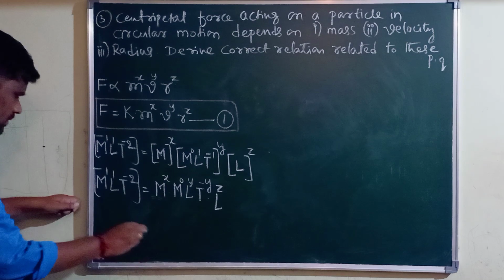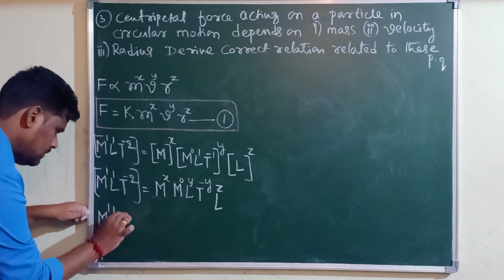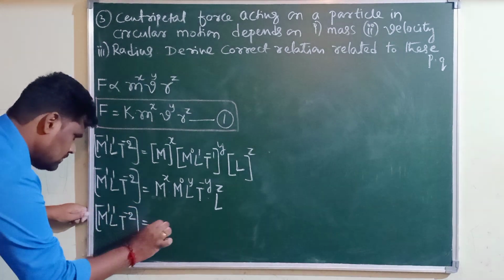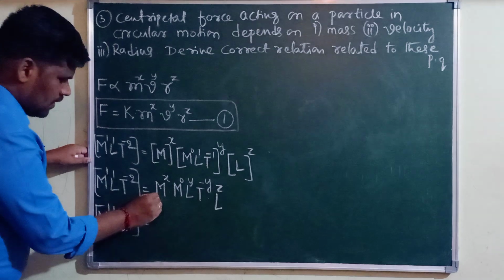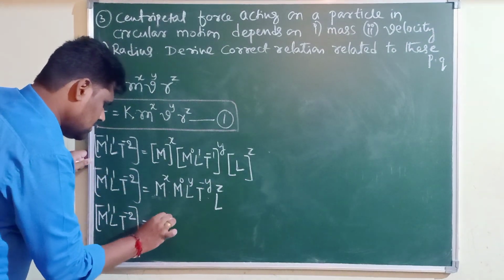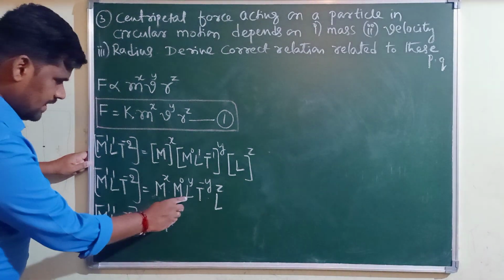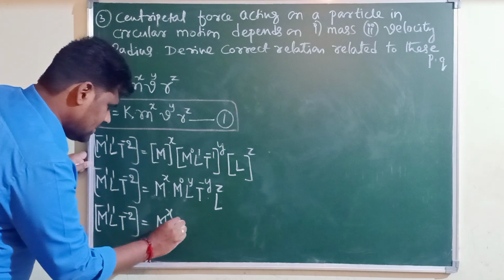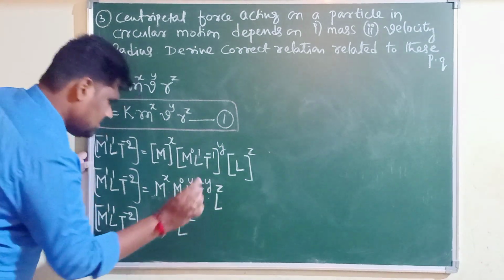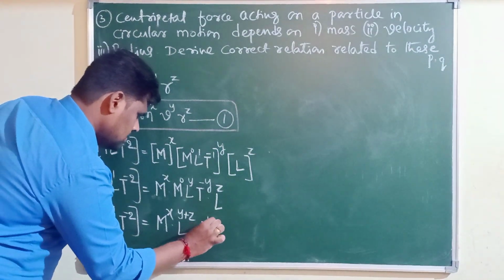Next step, M1, L1, T power minus 2 as it is. Here M power x, M power 0, bases are same, add the powers, M power x it is. Here L power y, L power z, therefore it should be L power y plus z into T power minus y.